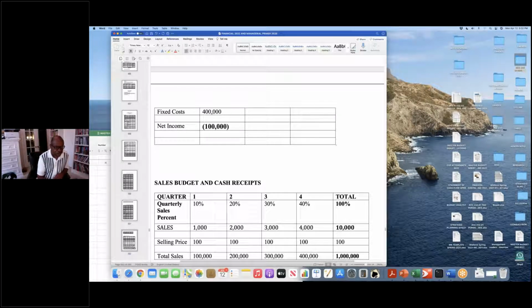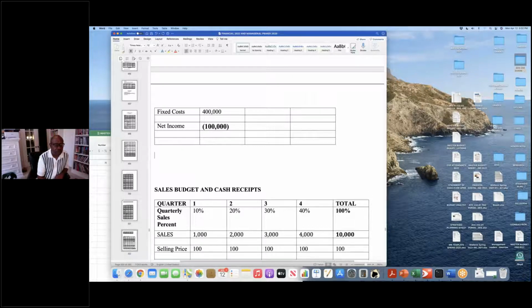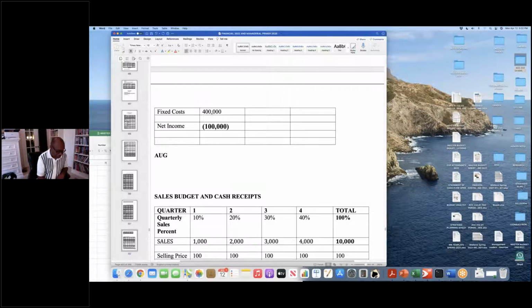But Buford, suppose you come to TSU in August, and you get ready to pay your bill, and your bill is $10,000.